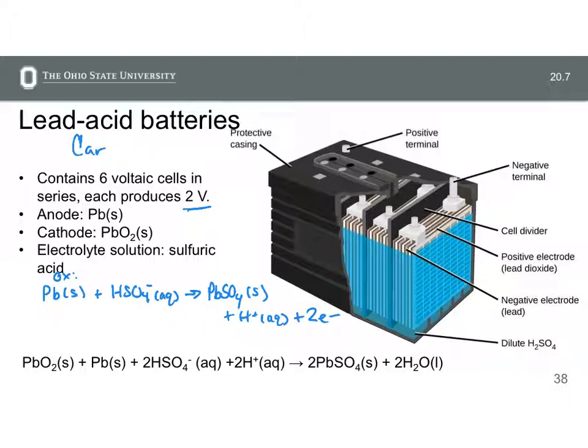And then at the cathode, you actually have another solid. It's lead oxide, and in this reaction, you'll have PbO2, so that's your lead oxide solid, plus HSO4 aqueous plus 3H plus 2 electrons, forming PbSO4, lead sulfate, plus 2 water.